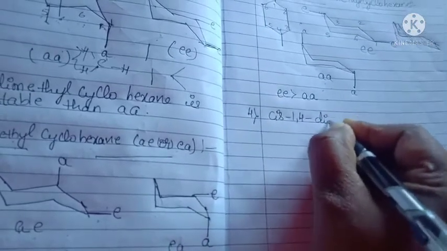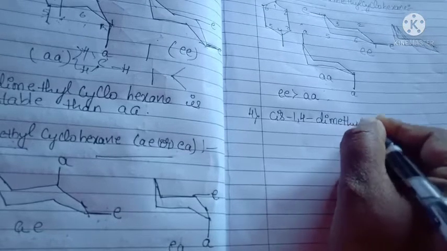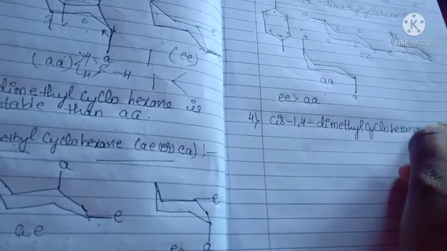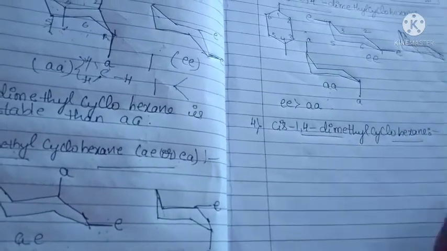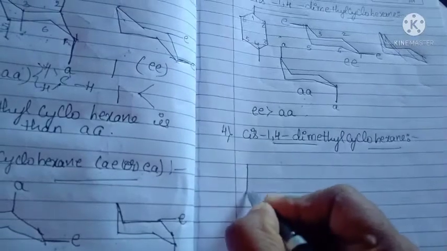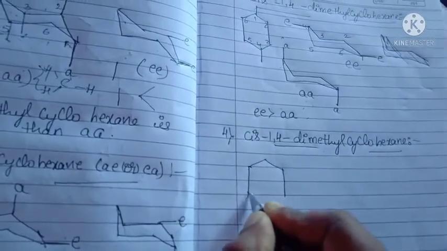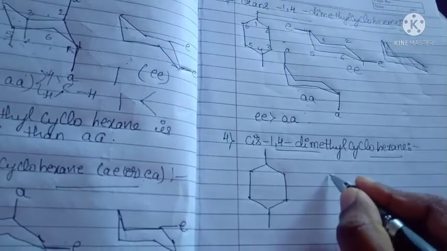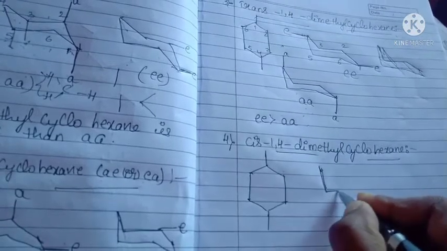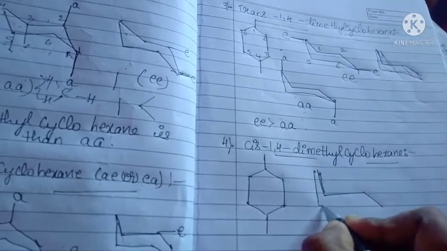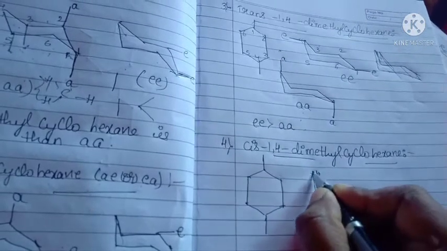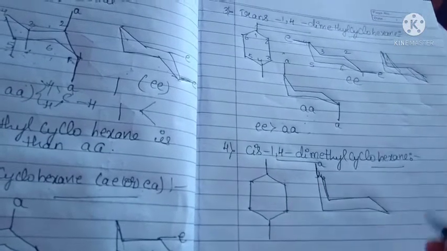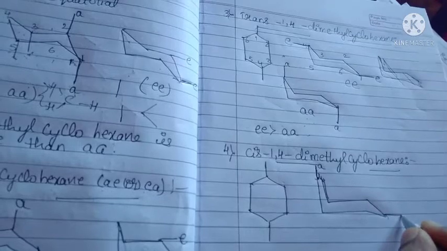Next, the fourth one is cis 1,4 dimethyl cyclohexane. Okay. In that, this is the structure and numbering is also same, that should be present in the trans. Okay. Here this will be the axial position and this will be the equatorial position.